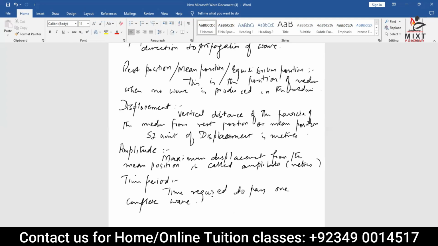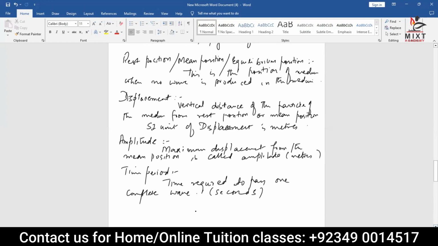And what is the unit for this? Seconds. Now there are two more things, which are crest and trough. What are these?